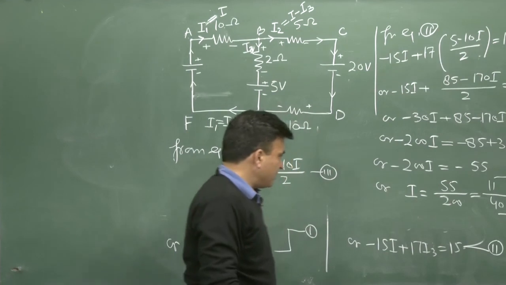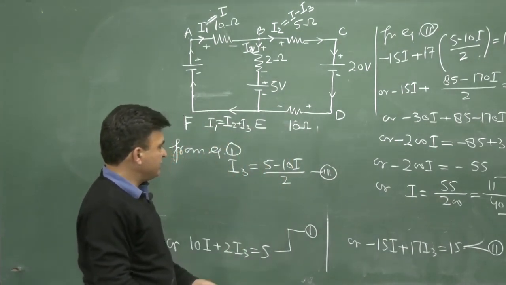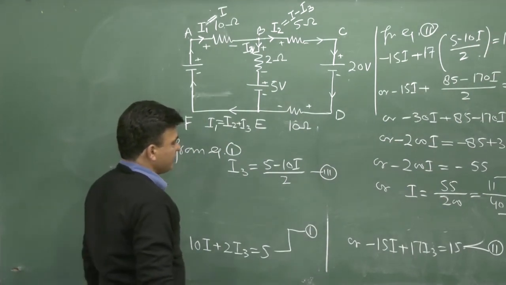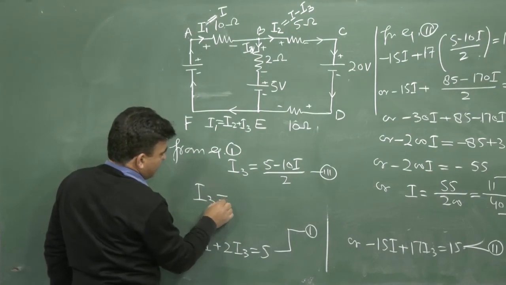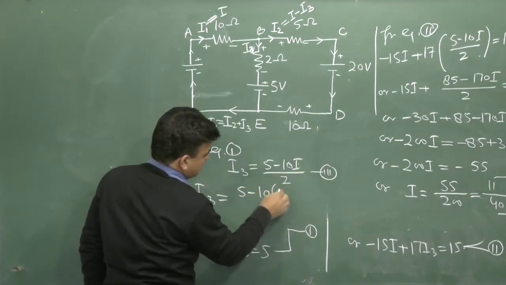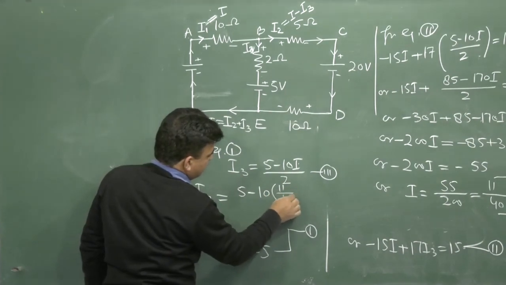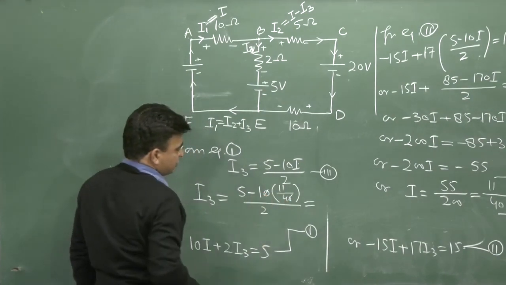Substitute this value of I in the third equation, and you can have the value of I3. So I3 here will be equal to 5 minus 10 times I, which is 11 by 40, whole divided by 2. The 40 will get cancelled.